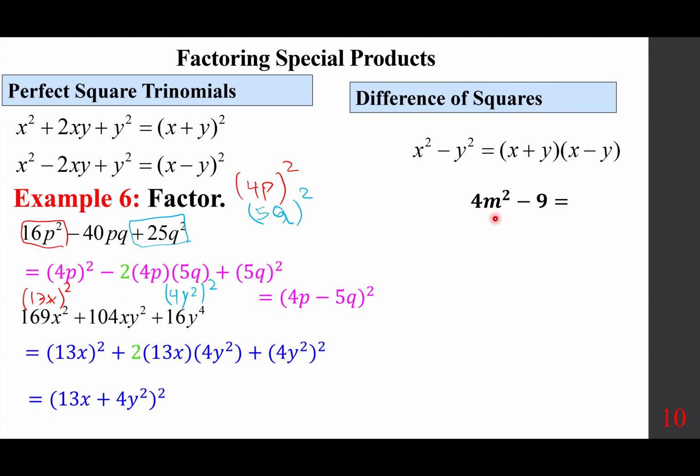Now 4m squared minus 9 is in the same form. Why is that? You notice this one is something to the power of 2: 2m to the power of 2. Minus 9 is something to the power of 2. That 9 is 3 squared. So that works out in the same manner.